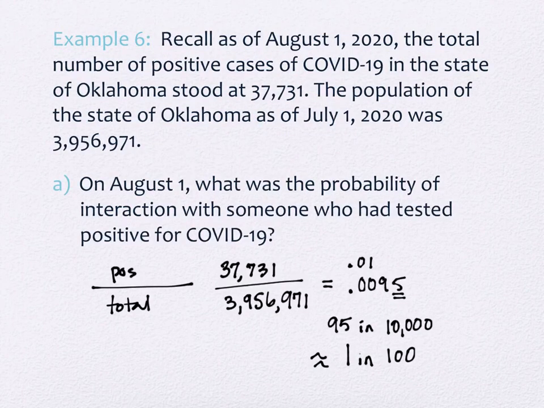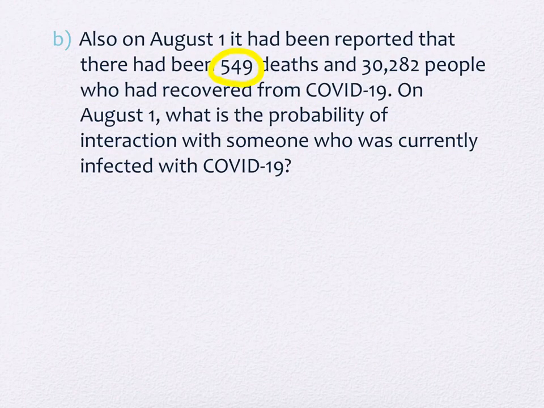It said that there were 37,731 people who tested positive. Over here, it tells us 549 died and 30,282 recovered. Okay, so they're not all positive at the same time, right? That's how these numbers are playing out. You've got a proportion of people who die, you've got a proportion of people who recover, and you have the total number of people who tested positive to begin with.